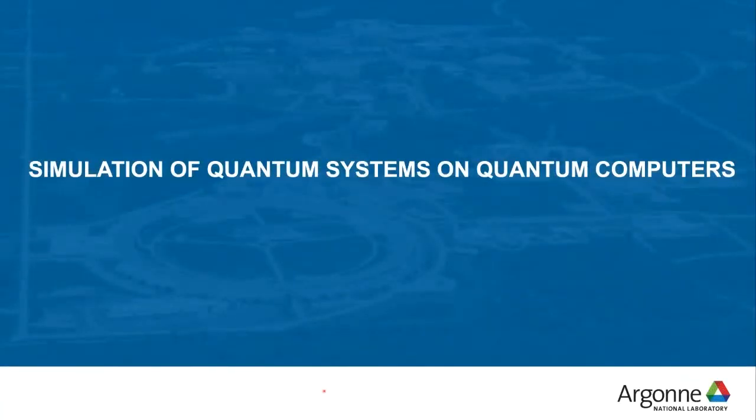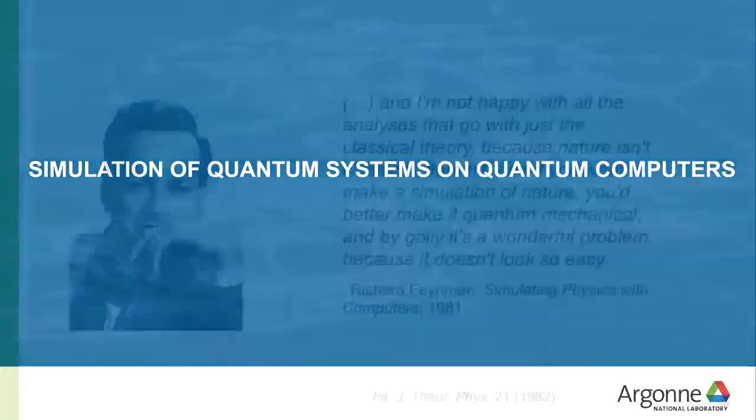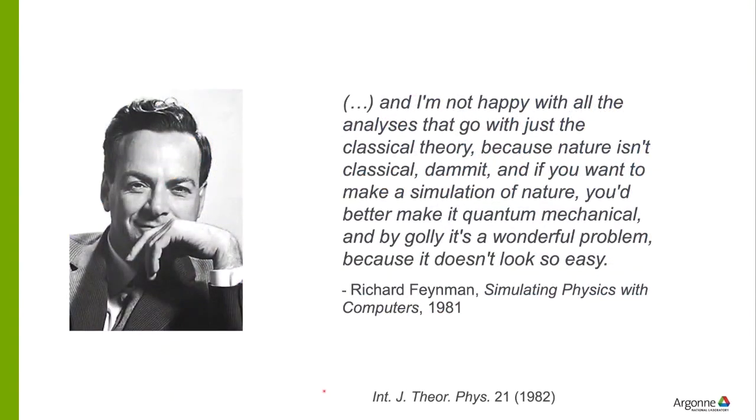So it started several decades ago, and Richard Feynman noted that the nature is not classical, and if you want to simulate the nature, you need to treat it quantum mechanically.